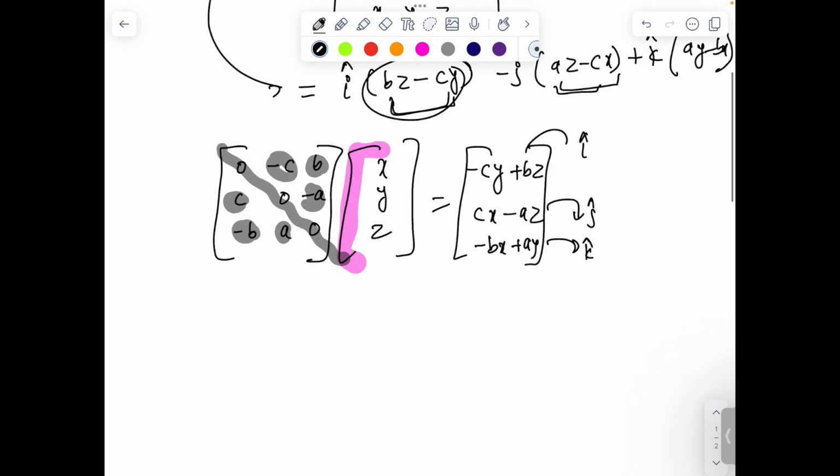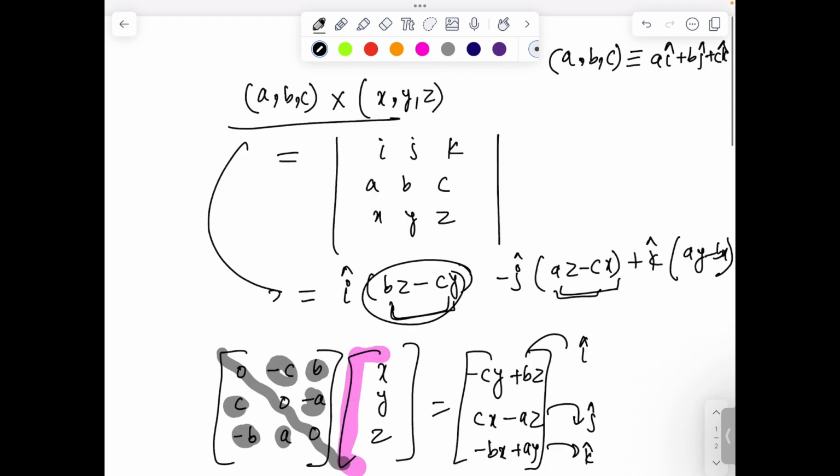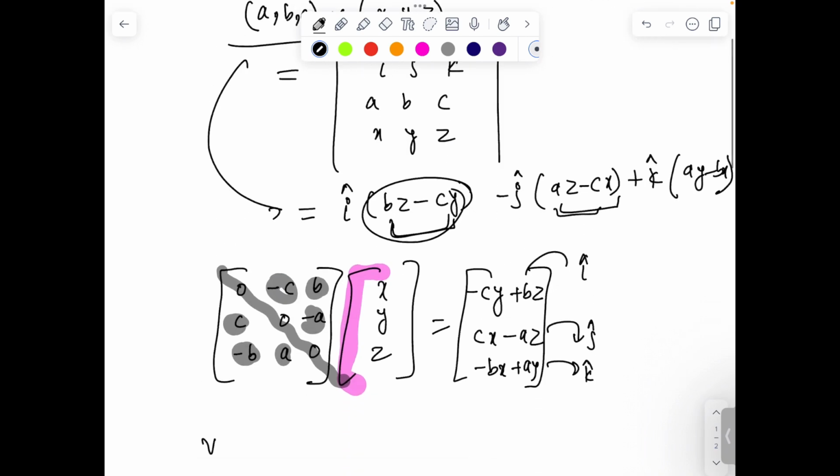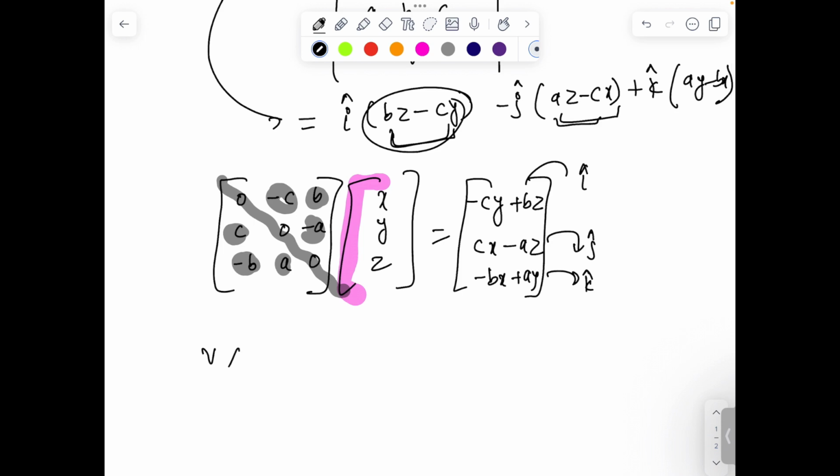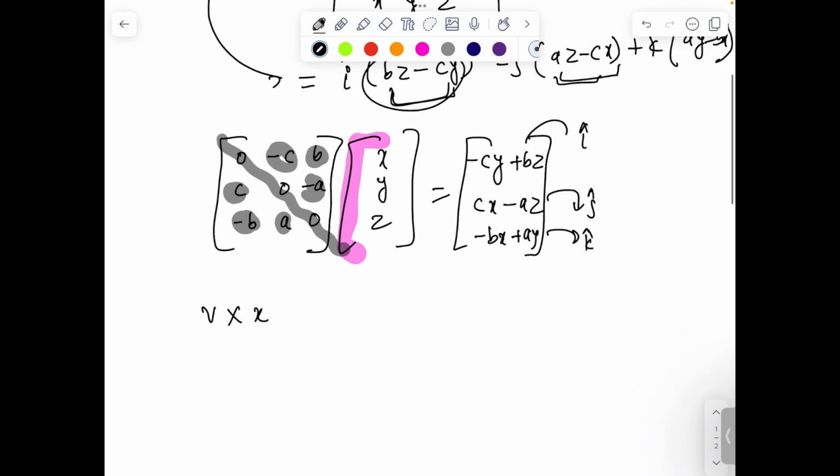So what I can tell is, if I have any vector b given by (a, b, c), and another vector x given by (x, y, z).